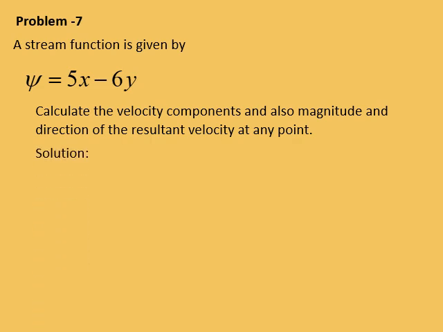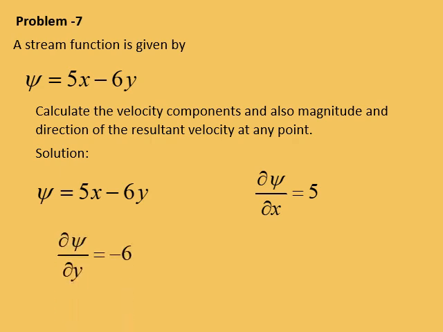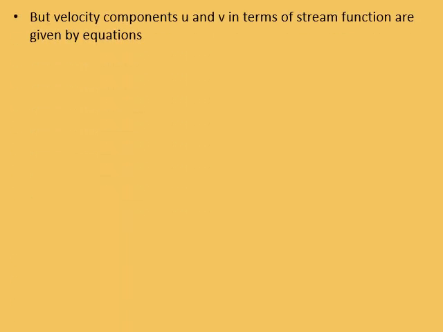The solution is here, xi is equal to 5x minus 6y. Then differentiating with respect to x, that is dou xi by dou x is equal to 5, and differentiating with respect to y, that is dou xi by dou y is equal to minus 6. But velocity components u and v in terms of the stream function are given by the equations.